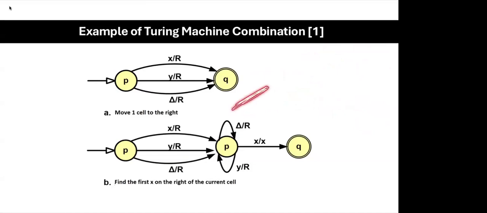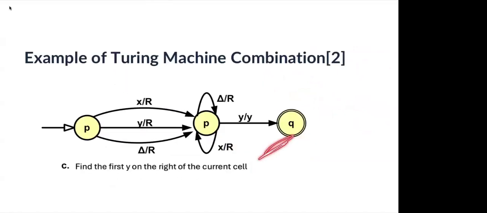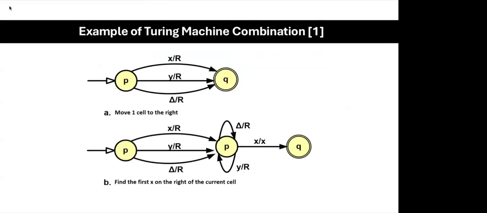So for example, this is the first machine, this is the second one, this is the third one, where the first machine moves one cell to the right, whatever we read. In the second machine, we find the first X. So we move to the right, and then we find the X. Then we halt.